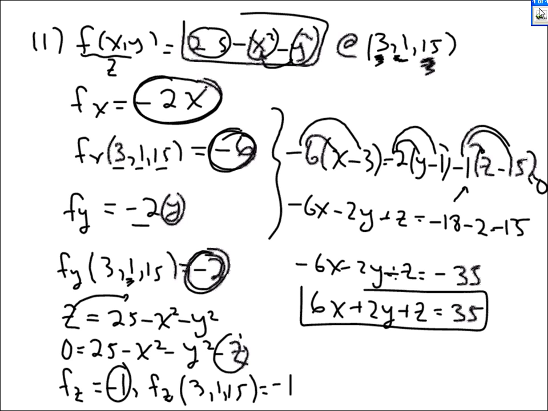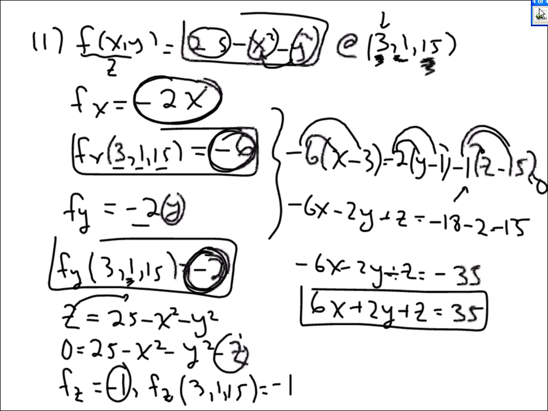This here is the equation of the tangent plane of that surface at that point. You find f sub x at the point, and you multiply it by x minus 3. You find f sub y at the indicated point, negative 2.